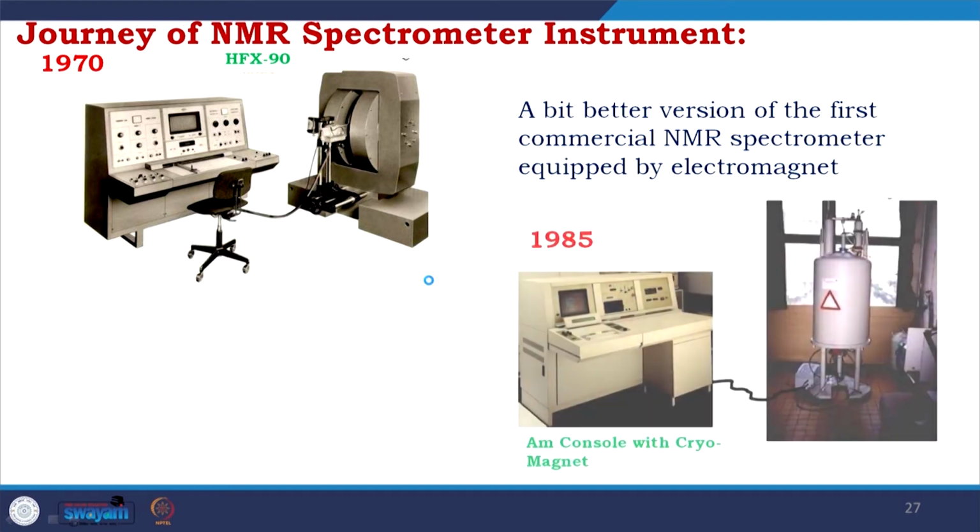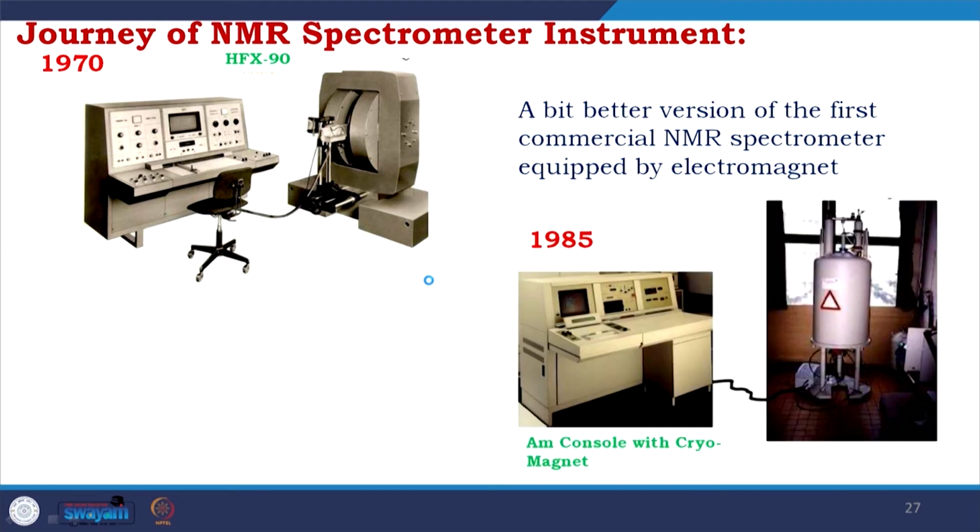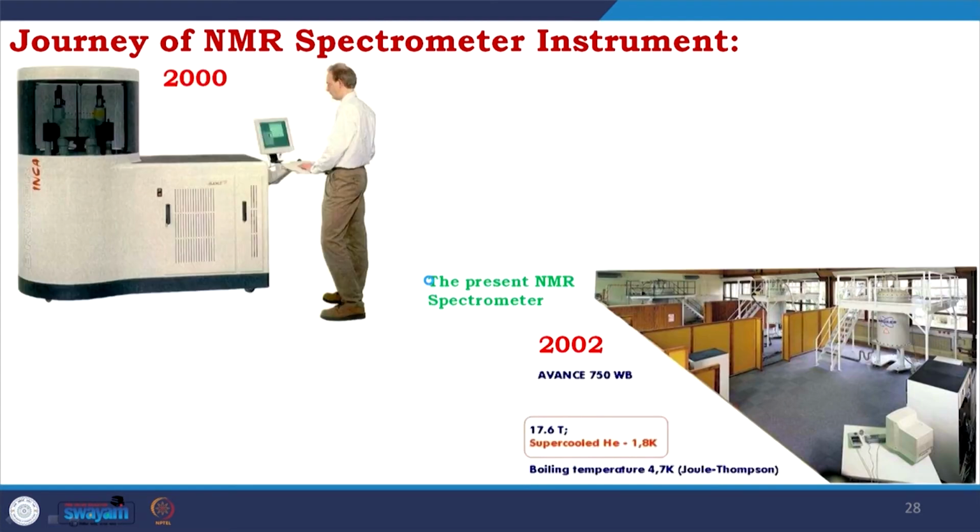Then in 1985, the AM console with a cryomagnet, the first cryomagnet developed. So, this is an NMR spectrometer with a cryomagnet. In the year 2000, there was a fully commercialized and fully automated NMR instrument.